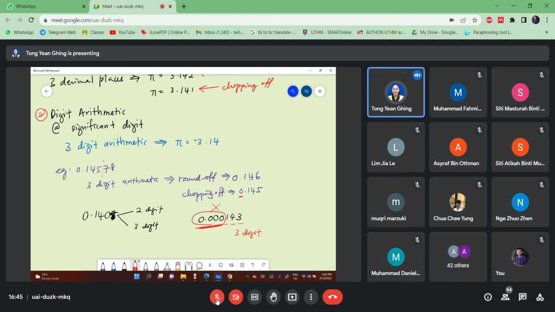If in front, it is not counting. If behind, it can be counted or not counted. Can you understand? Okay? So digit arithmetic is like this. In front it is not counted. Behind, it is counted. Okay?